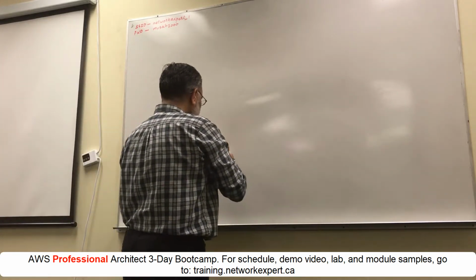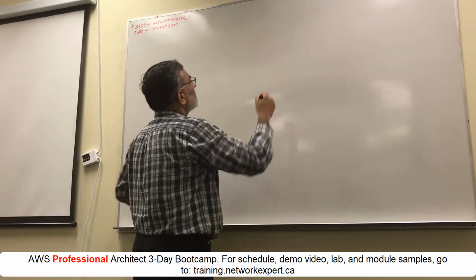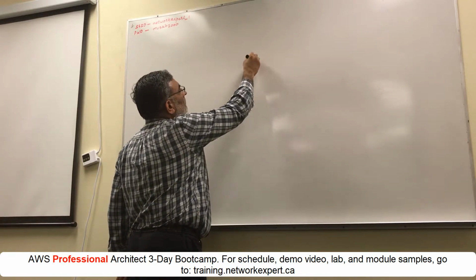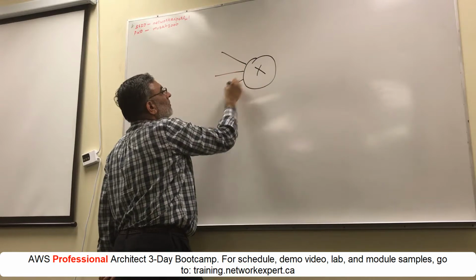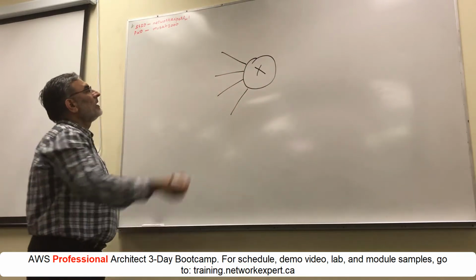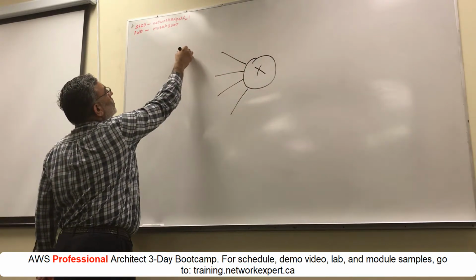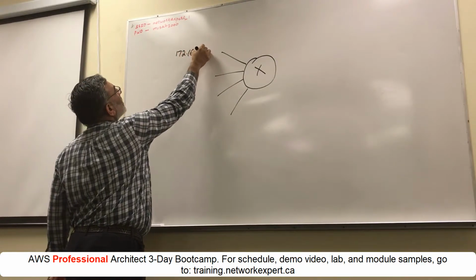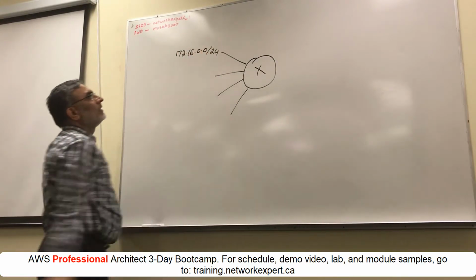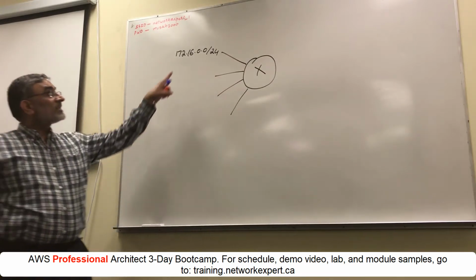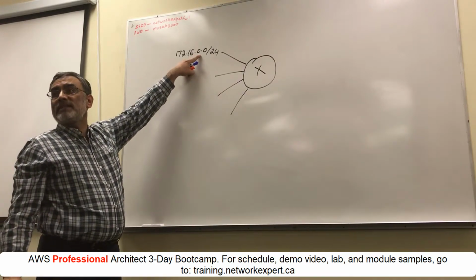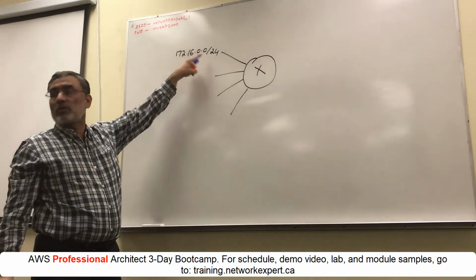I will give you an example of that. For example, if you have a router here, and the router has 4 network addresses. 172.16.0.0/24. Now /24, so far you should be able to understand that up to 24 bits is the network portion.